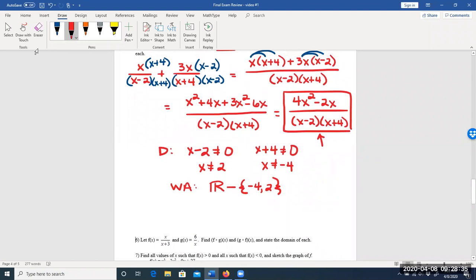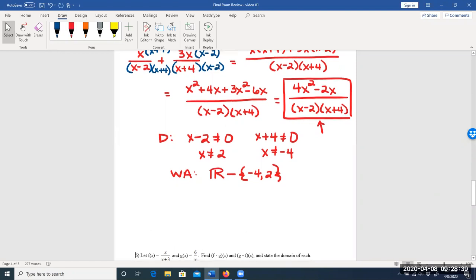All right, now let's do f minus g. So this time I'm going to write f minus g of x. This is where we take f of x and subtract g of x. And once again, we need a common denominator.